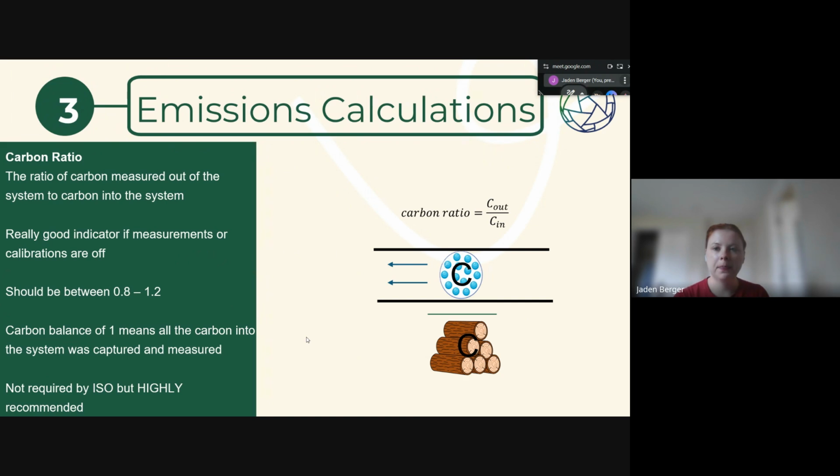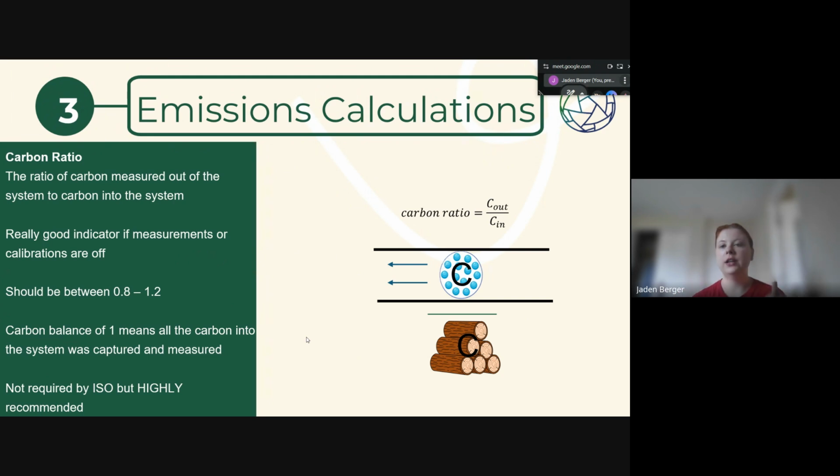Okay, so carbon ratio, this is a metric that I don't think is talked about that much. It's not something that's required by ISO for reporting, but I would highly, highly recommend it. This is maybe one of the easiest ways to check that everything you set up in your system is measuring accurately, that you have good quality data, basically.